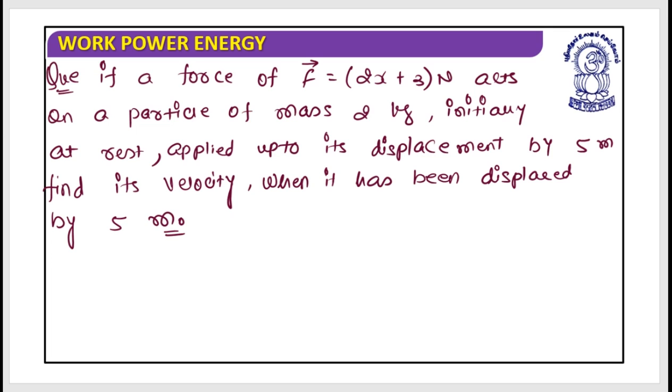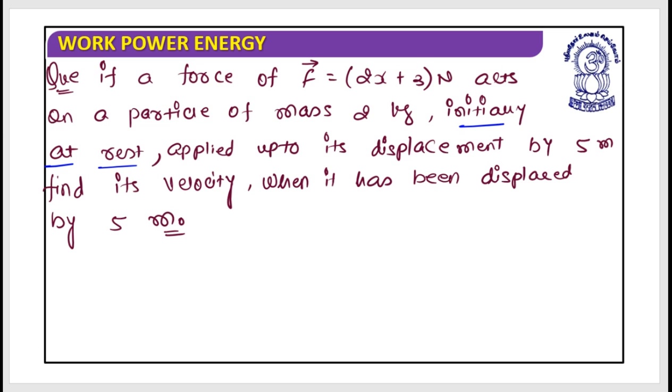So you need to do this. Force is given, mass of the particle is given, and it is also given that it is initially at rest, and this force makes sure that this particle has been displaced by 5 meter. I need to find out its velocity when it has been displaced by 5 meter.